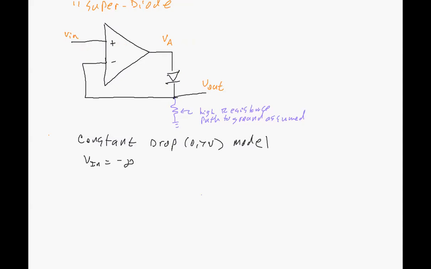So if the diode is off, we have an open circuit. With an open circuit, this diode connected with some feedback is disconnected.